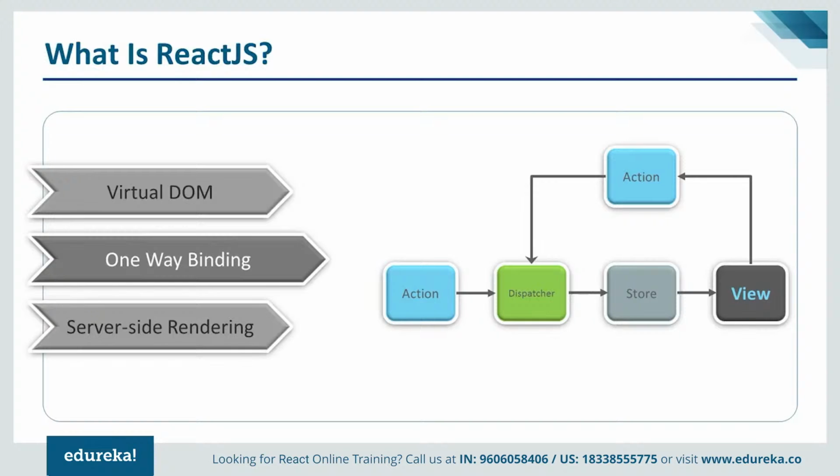So this also saves a lot of time in the testing process. Okay. So one-way binding is one of the key advantages in React, which has helped developers to control the view rendering, and the adoption of this technology has increased tremendously.